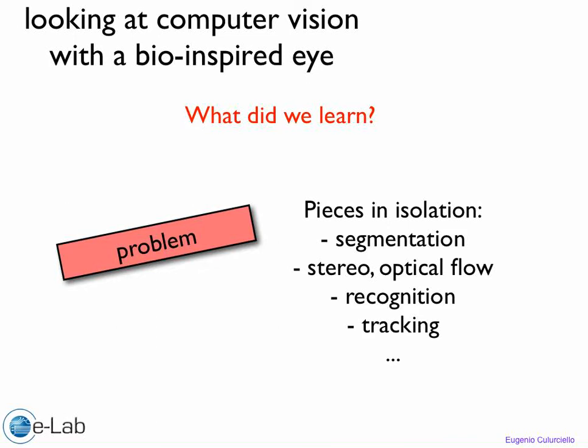But really, one of the big problems of looking at computer vision with a bio-inspired eye, as I say, is: what did we learn? Really the big problem, I think, was studying these pieces in isolation. They thought that vision could be decomposed into parts: segmentation, stereo, optical flow, recognition, tracking.